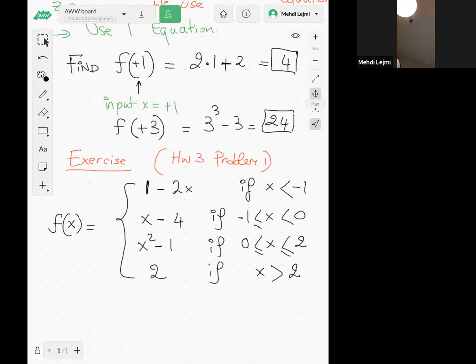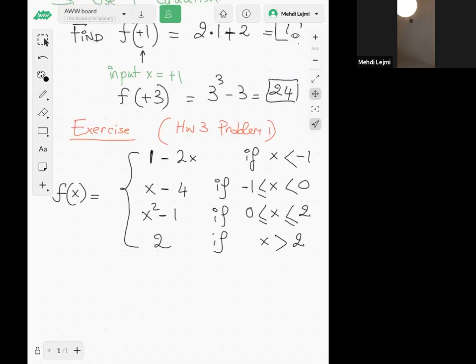All right. So we see here in this exercise we have four different equations, and of course we're going to have four different conditions.